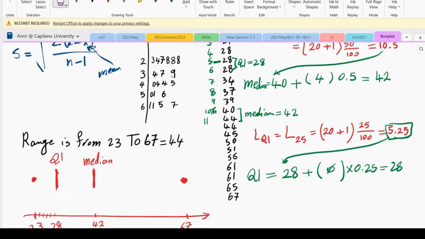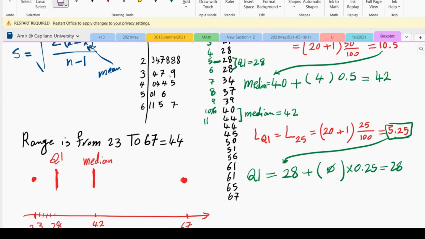So this distance is 0. Okay. Therefore, if the fifth observation is 28 and the sixth observation is also 28, then the 5.25th observation is also 28. Okay. Thank you.